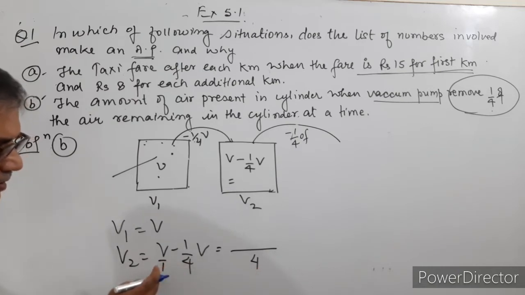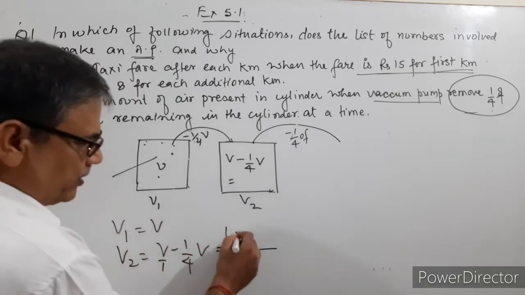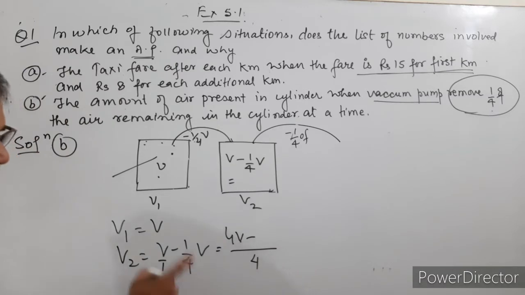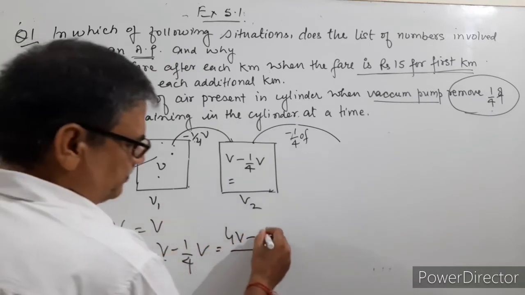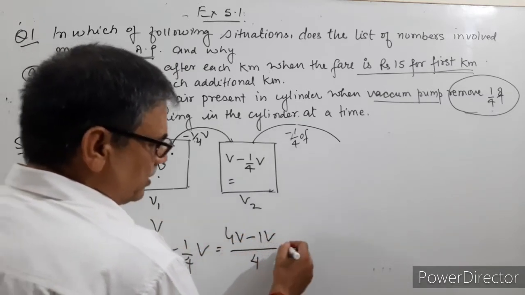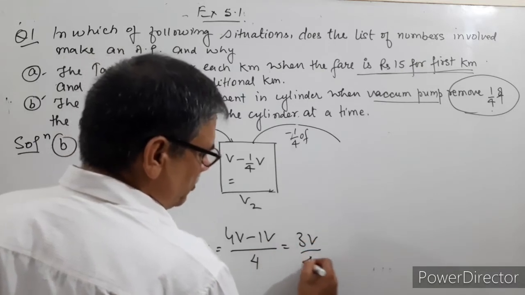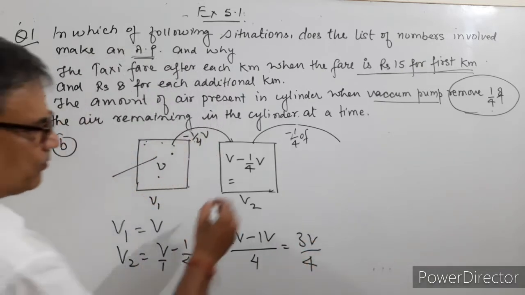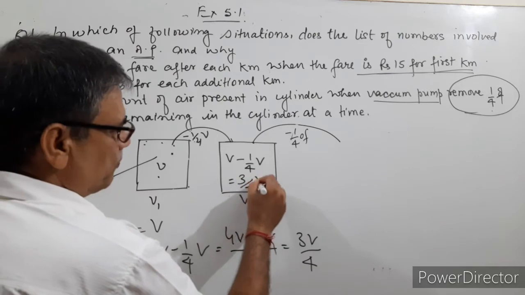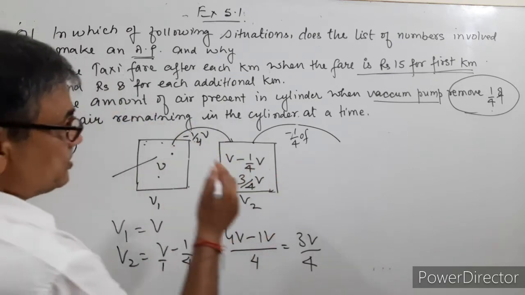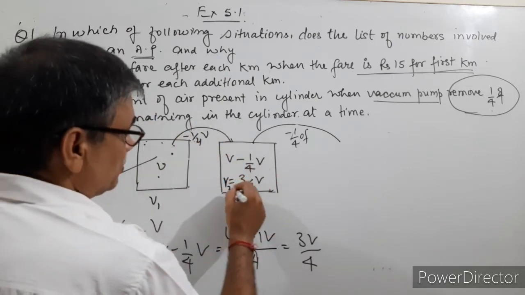This is the answer. 4 multiply V, 4V, minus 4 divided by 4, 1 multiply 1V. 4V minus V, this is 3V upon 4. It is V2. V2 is 3/4V.